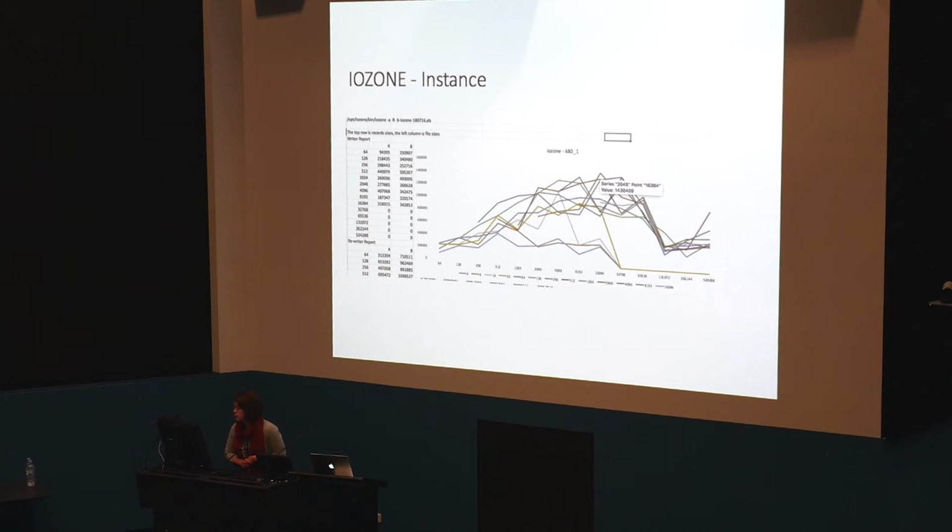As you can see, it peaked when it reached 2 megabytes of record size on 60 megabytes of data. This is probably because the processor cache is helping the workload, and then it went down, and it went up again when it tried to write 512 megabytes of data.